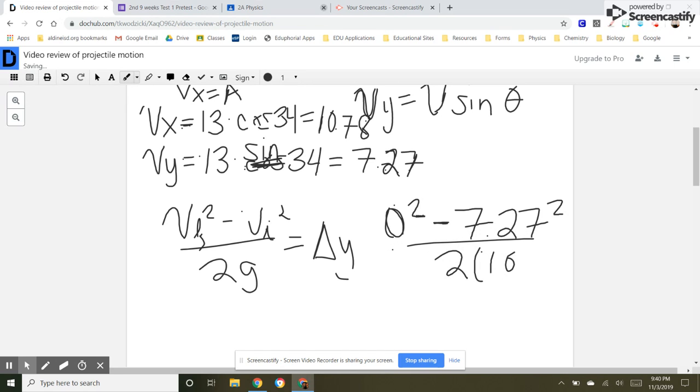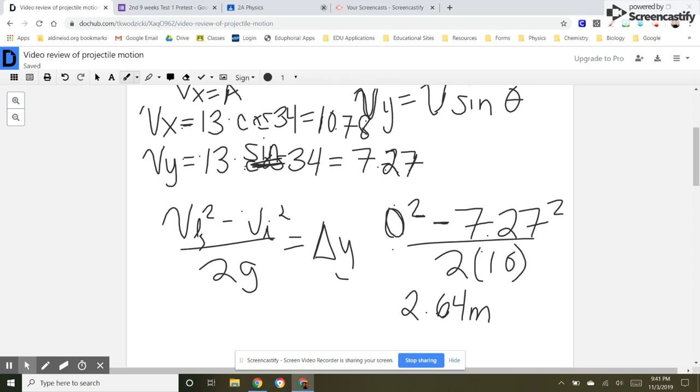And I'm just going to use 10 for g because why not? And I got the height to be 2.16 meters. Okay?